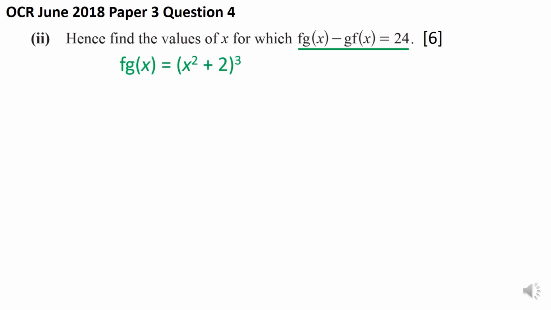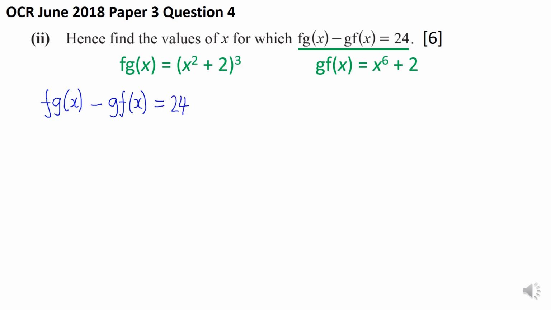Let's show the previous 2 results and write it out. f of g of x minus g of f of x equals 24. f of g of x is x squared plus 2 cubed, so we write x squared plus 2 cubed minus g of f of x, which is x to the power of 6 plus 2, so we write in brackets, don't forget, x to the power of 6 plus 2, and then close the brackets. And this is equal to 24.